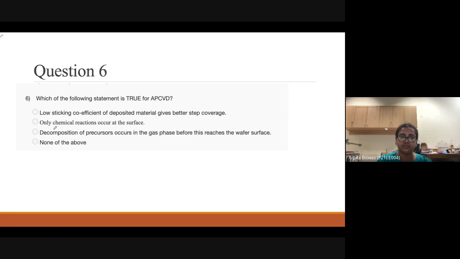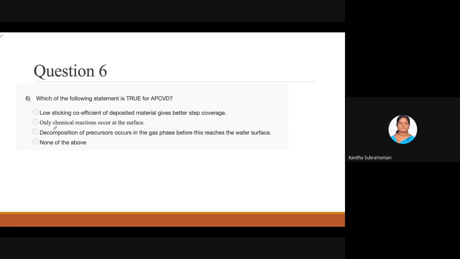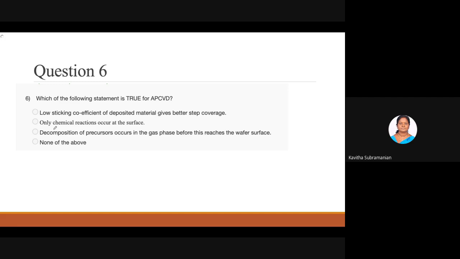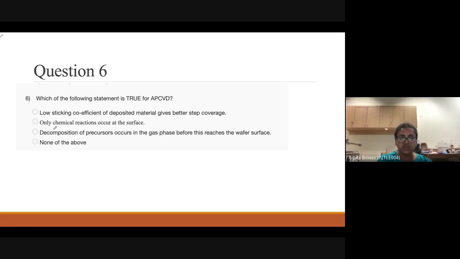So APCVD is decomposition of precursors occurring in the gas phase. Which option is the right answer? C. Deposition of precursor occurs in the gas phase before it reaches the wafer surface. Is it true? Deposition of precursor occurs in the gas phase before it reaches the wafer surface.